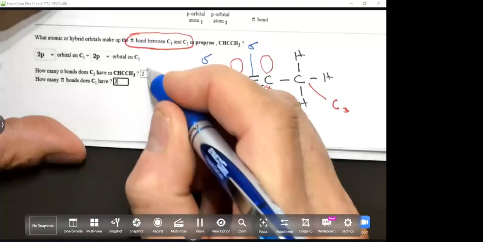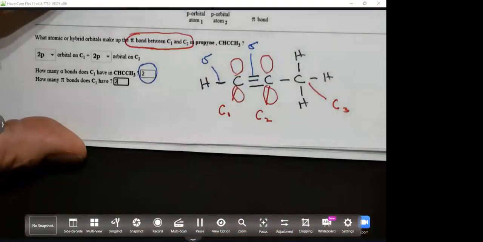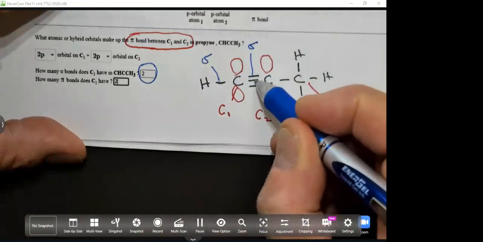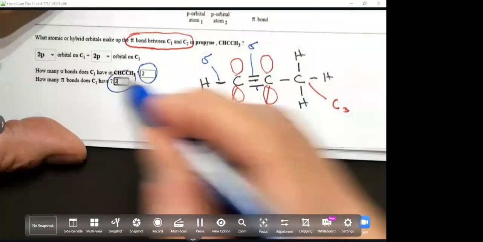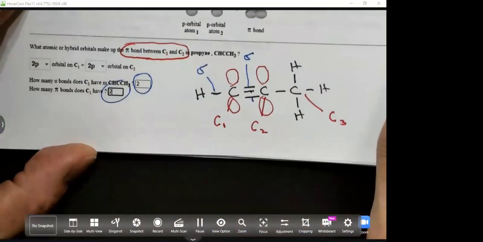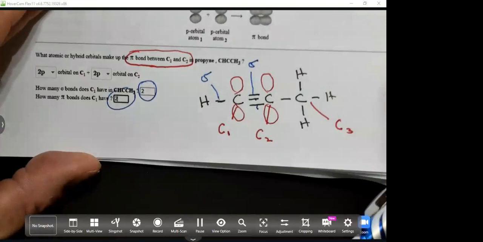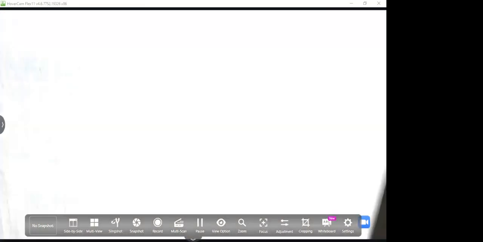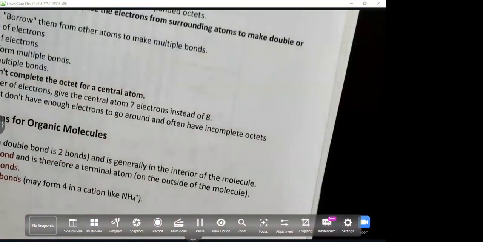So carbon 1 has 2 sigma bonds. How many pi bonds does it have? These 2 right here have to be pi bonds, right? Triple bond, a sigma and 2 pi, so it has 2 pi.